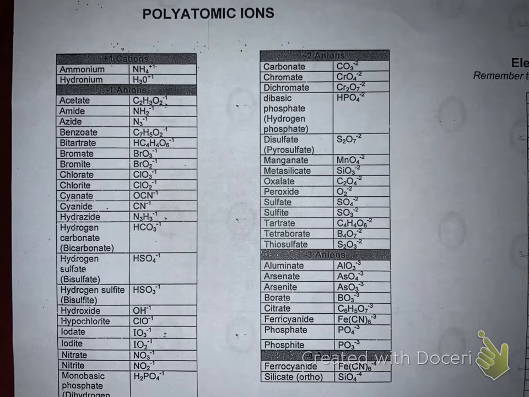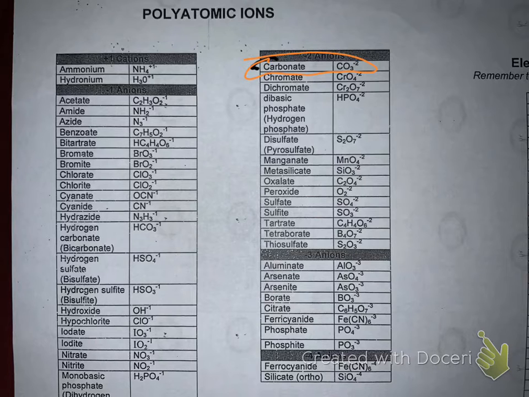For example, let's take a look at this one right here, carbonate. Carbonate is one carbon and three oxygens. You treat it as one group. You don't think of it as three oxygens. Yes, there are three oxygens there, but they work together.